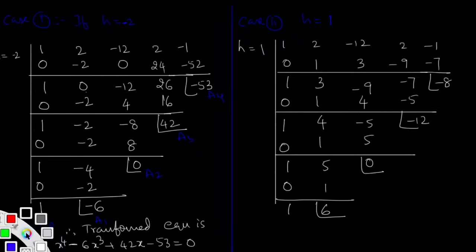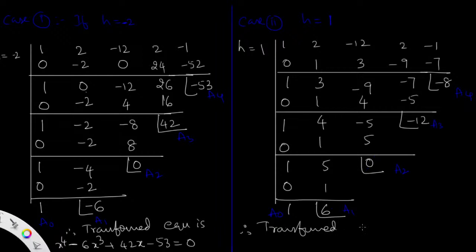So let us construct: this is a0, this is a1, a2 becomes 0, the third highest term is 0. This is correct, and that is a4. Therefore the transformed equation is x to the power of 4 minus 6x cube minus 12x minus 8 equal to 0.